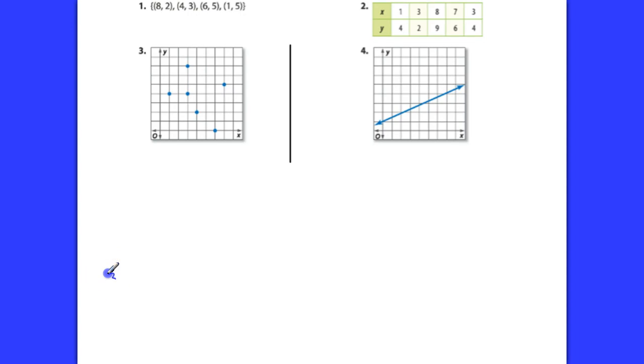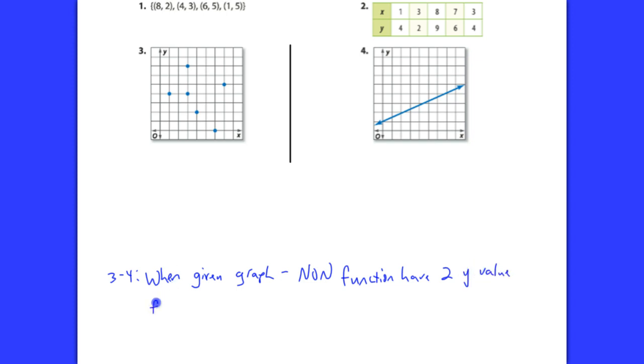For like 3 and 4, when given a graph, non-functions have two y values for one x value.